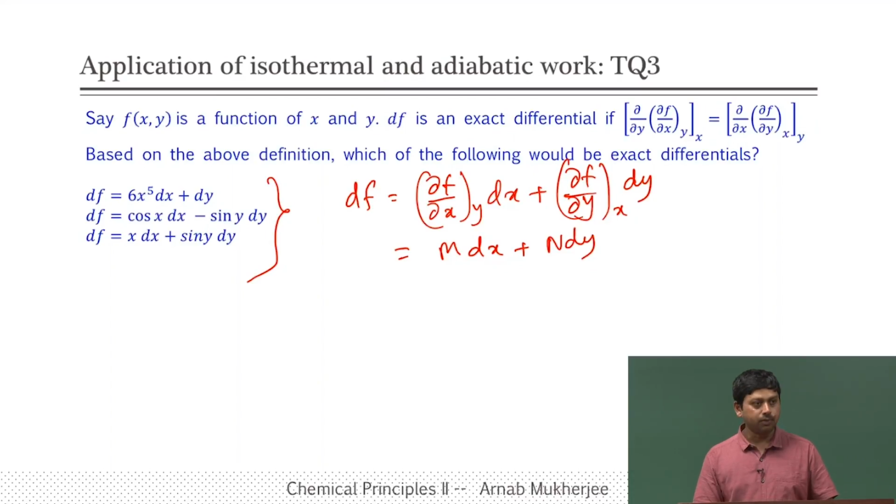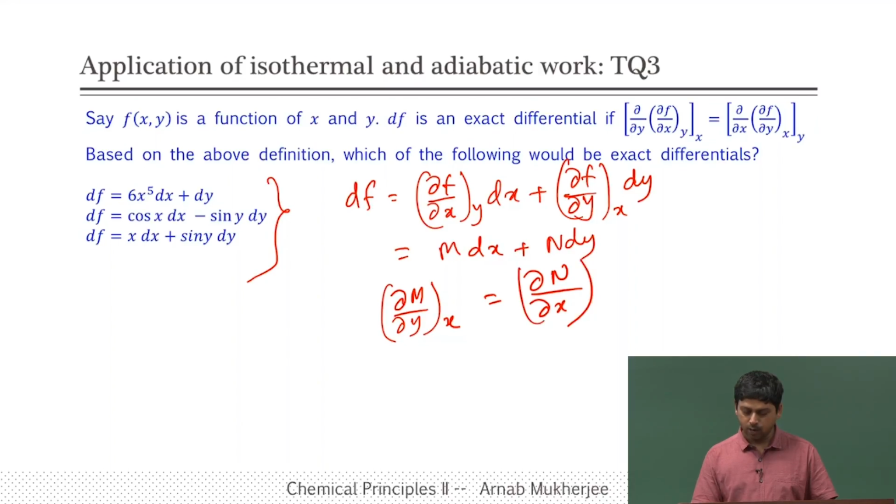Since M is the first derivative with respect to x, the condition of exact differential is that I now have to take the derivative of M with respect to y, because we have already done x when calculating M, at a constant value of x, and this has to be equal to the derivative of N with respect to x, since N is already a derivative with respect to y. If this condition is satisfied, then it will be an exact differential.